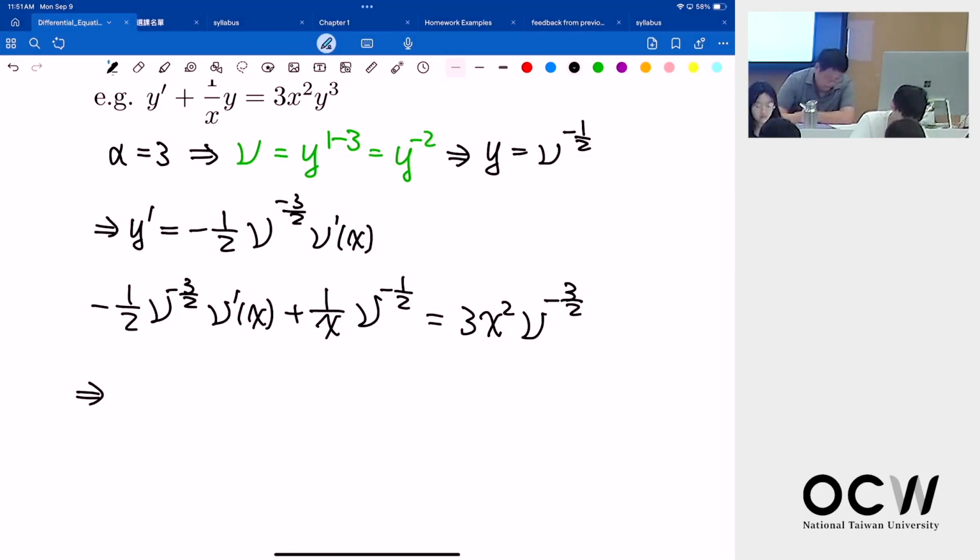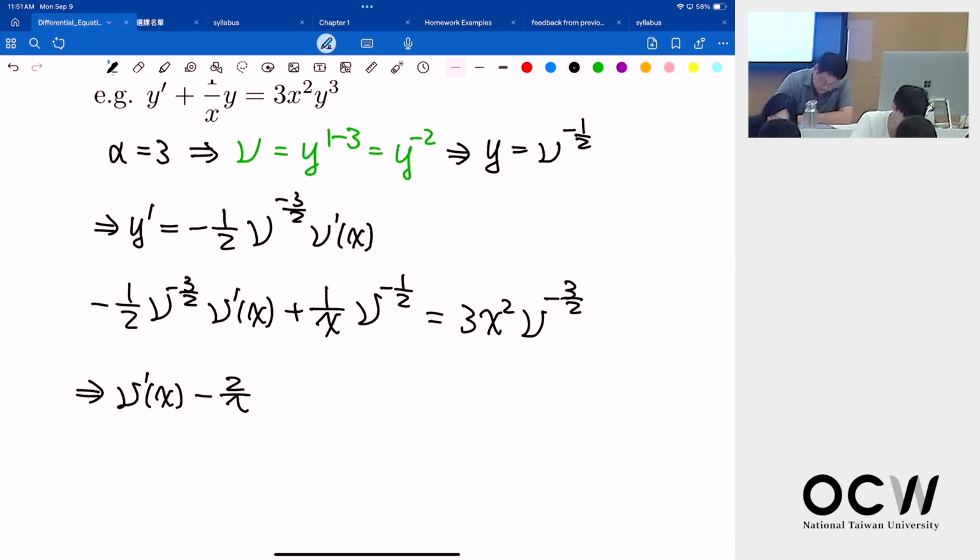And you rearrange it: mu prime minus 2 over x mu will be equal to minus 6x squared.